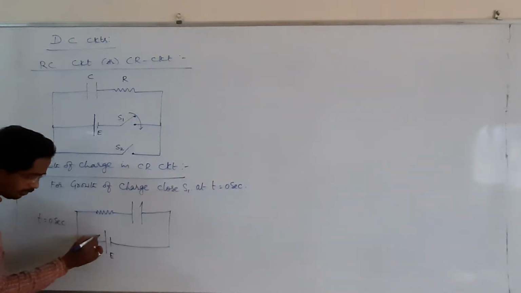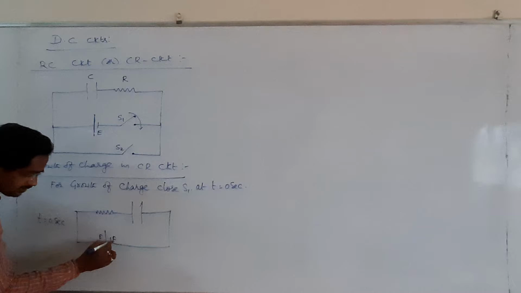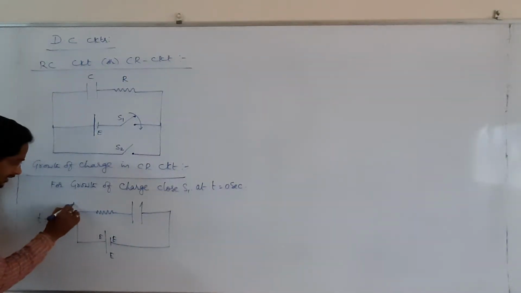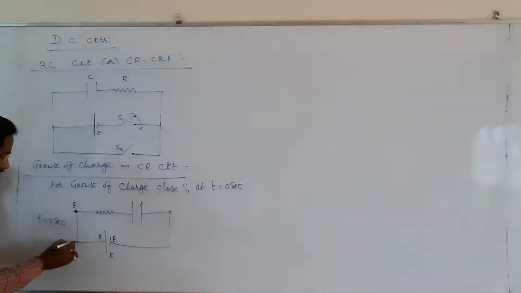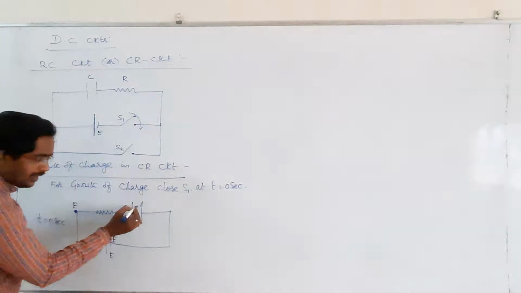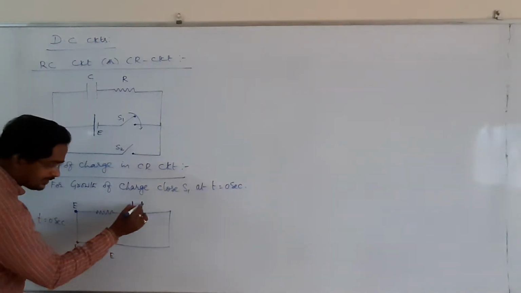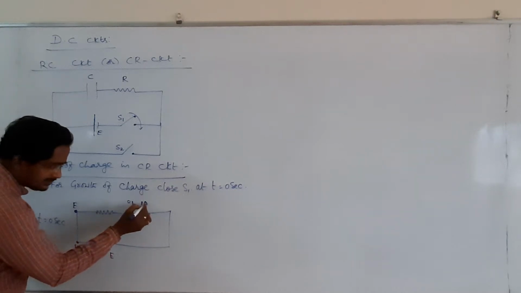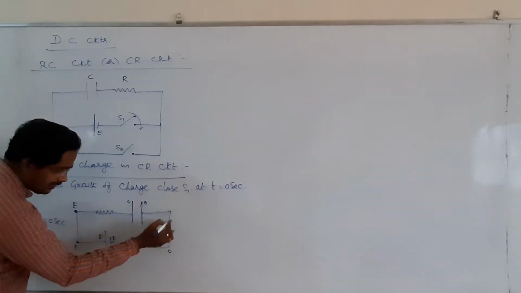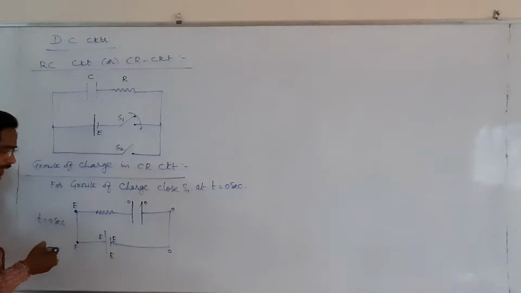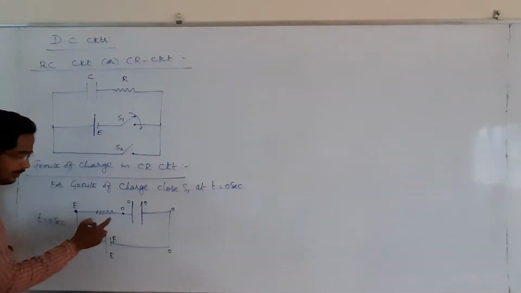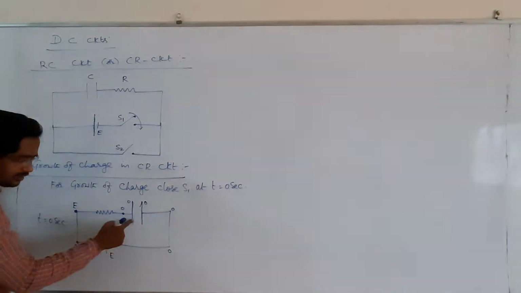E. That means the anode potential is E, and here also E. Because this is short circuited, here is E. What is the charge stored on the plates? 0. By that, the potential difference is 0, and the potential here is also 0.